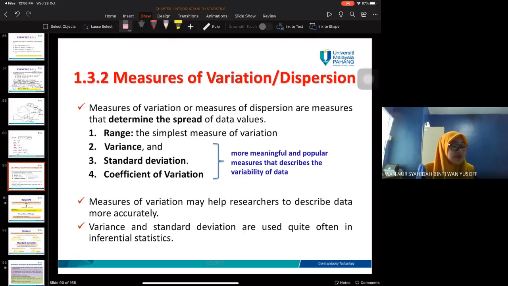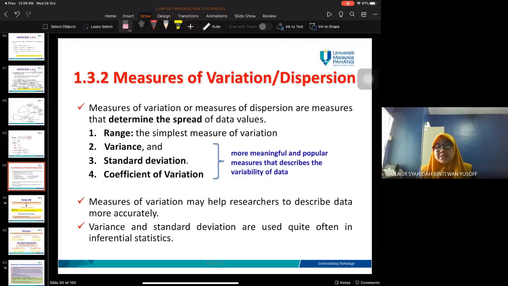So the second measure that we have here is variation, or we call it dispersion. Why do we use this measure? As I said, to discuss the variability in a data set. If you don't understand what variability is, it is about how consistent your data is. Your data will be consistent if your data are close to each other.